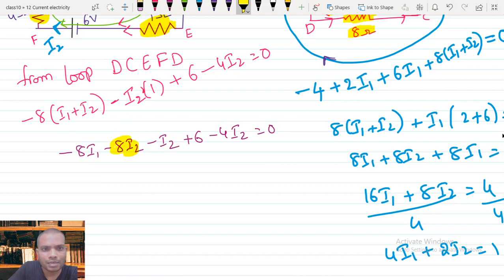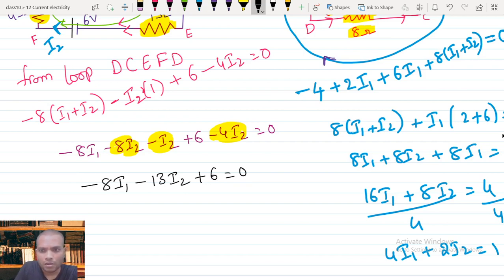So minus I2 and minus I2, here it is minus 9I2, again minus 4, so I think I will get minus 13. So minus 8I1 and minus 13I2 plus 6 equals 0.